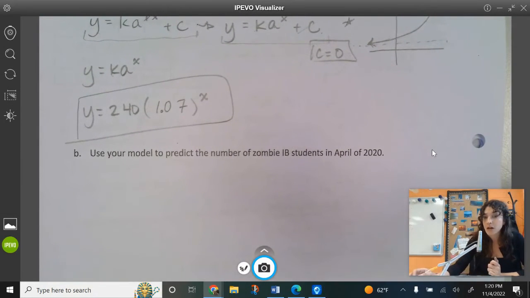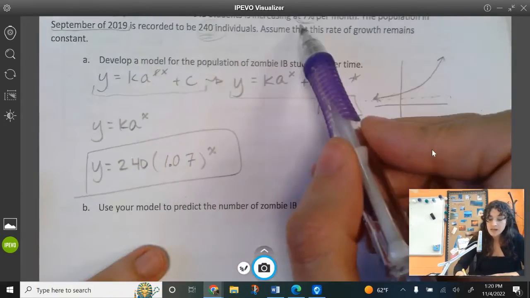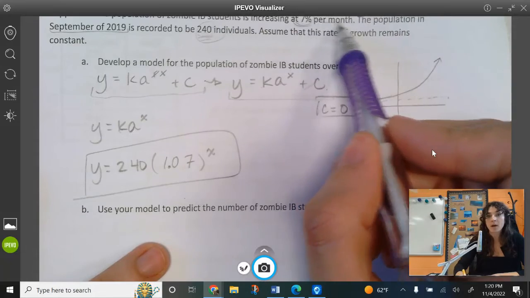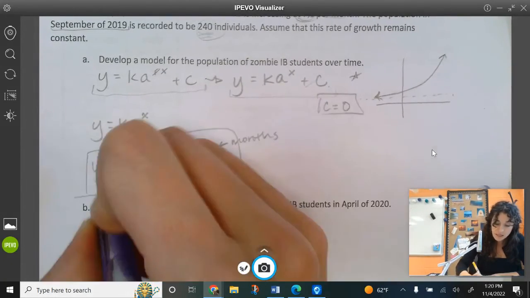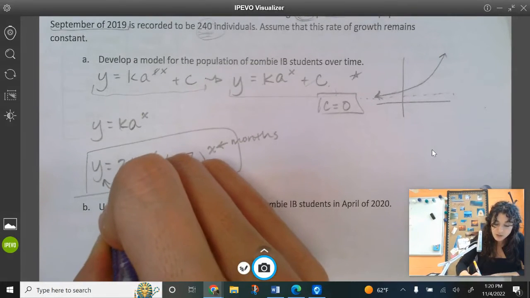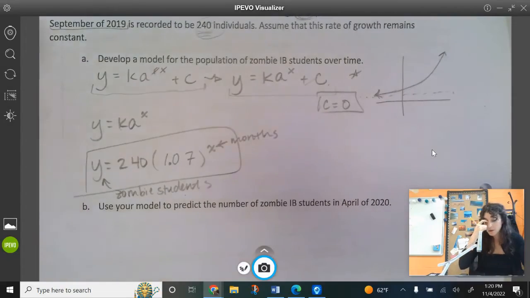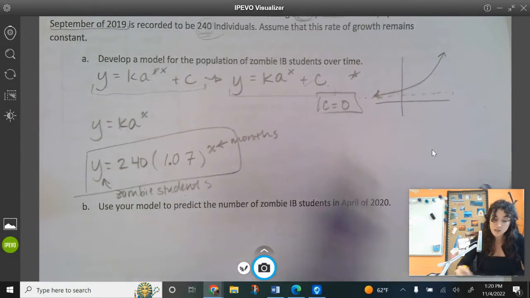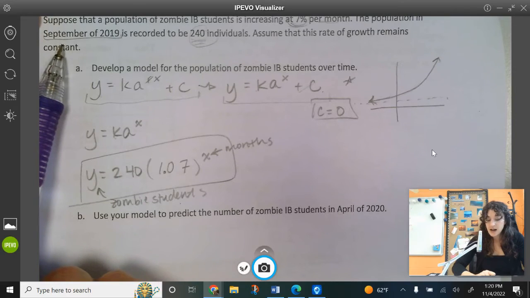Okay, now we're going to use our model to predict the number of IB students in April of 2020. It says it's increasing at 7% per month. So our input is months, and our output is going to be zombie students. So in April of 2020, that is not a full year later.